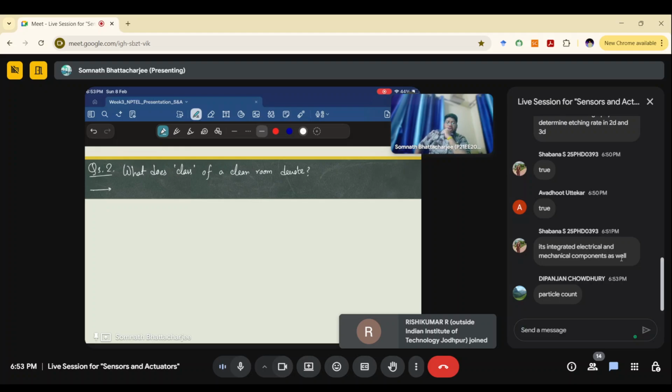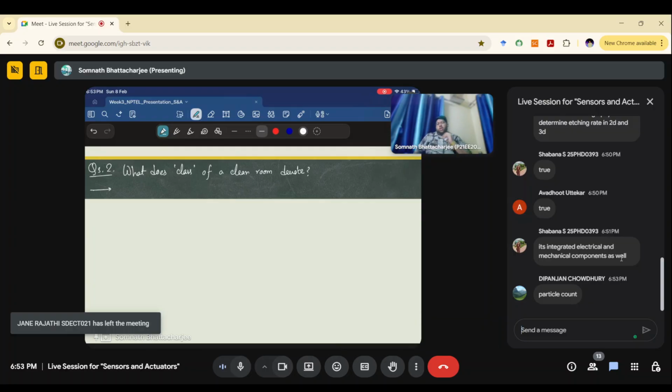Anyone wishes to try it? Not entirely particle count. You're half correct, I would say. Anyone?